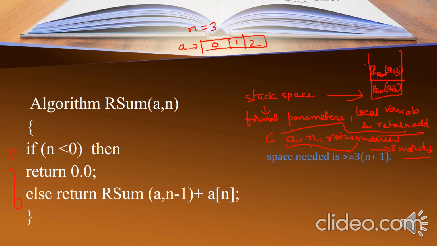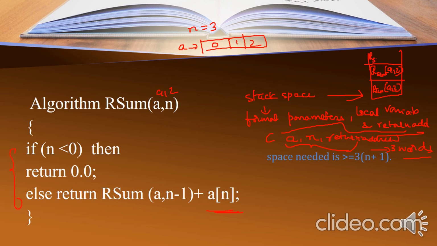So again R sum a comma 3 is going to call R sum a comma 2. Now when R sum a comma 2, again, if n is less than 0, then return 0. Else again it is going to call the function R sum a comma n minus 1, and remember, it also does the last values addition in that set.